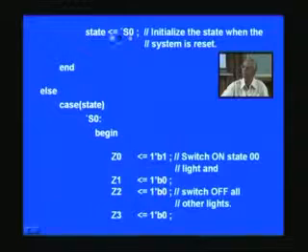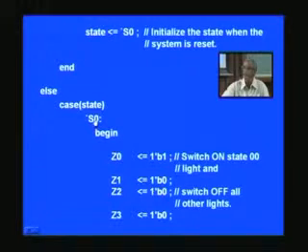And if the state happens to be this S0, then only this block is executed. Similarly, you have different blocks for different states. Once again, a group of statements will have to have begin and end, and we set the outputs 0 through 3 depending upon which state it is in.